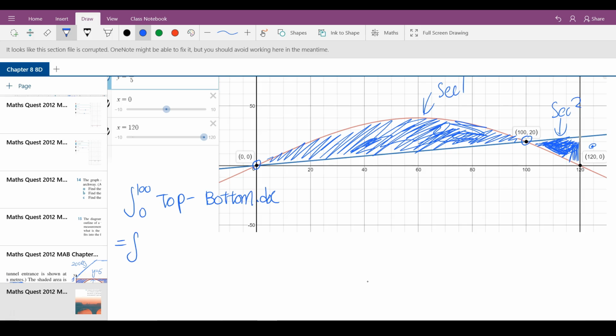The function on the top looks like the sine function, so it will be 40 sine pi x over 120 minus the other function, which I think was x over 5. So not pi, x over 5. And then integrate with respect to x.